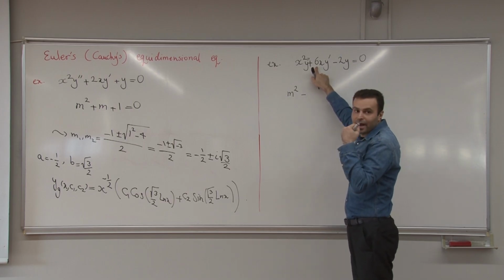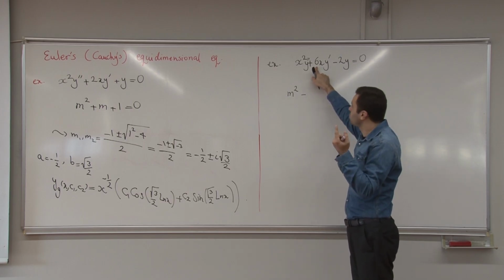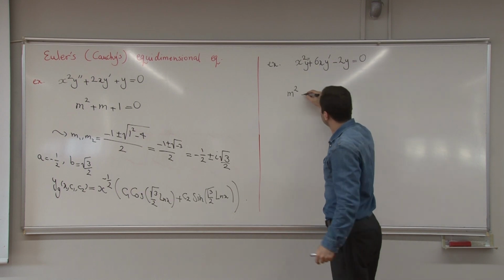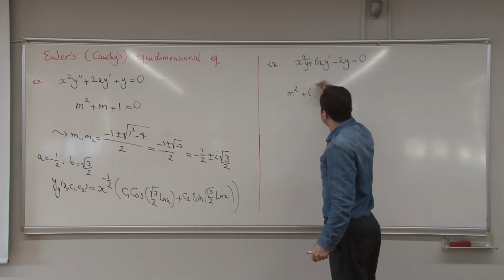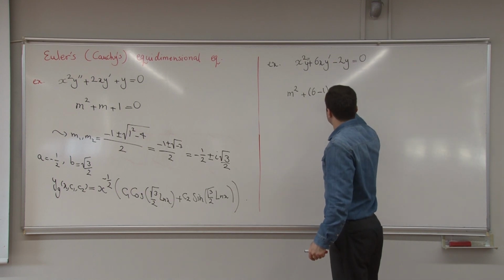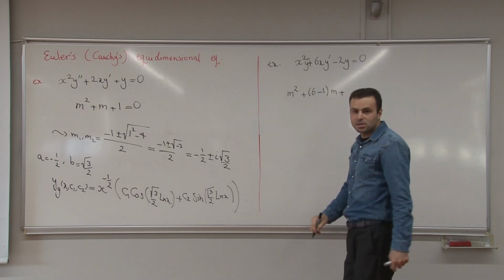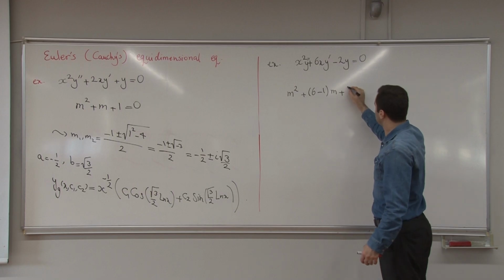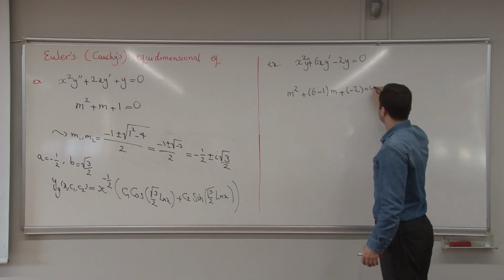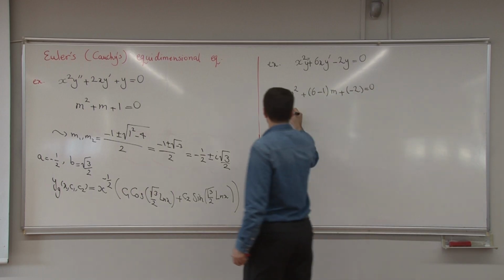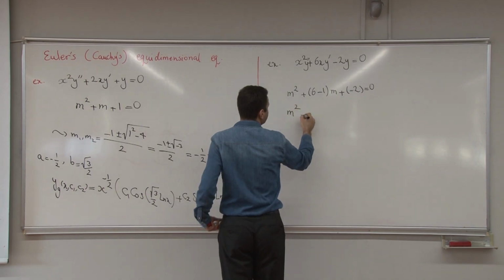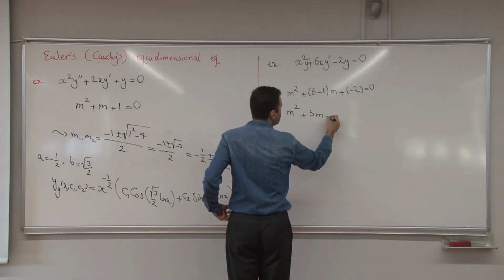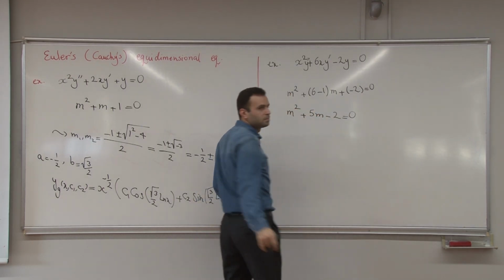Instead of p, we have 6, right? So it is 6 minus 1 times m plus q. What is our q? Minus 2, equal to 0. So what is my characteristic equation? m to the power of 2 plus 5m minus 2 equal to 0.